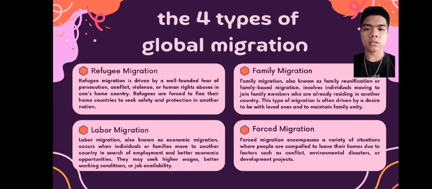Family immigration or migration is typically aimed at preserving and strengthening family ties, allowing families to live and flourish together in a new country. It enables family members to support one another, share the joys and challenges of integration, and contribute to the cultural fabric of their new community.